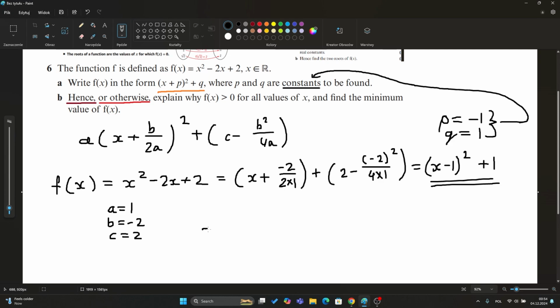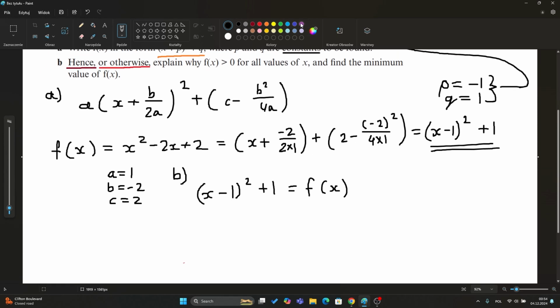Now, we had to complete the square to be in the easier form to explain. Because if we got x minus 1, so that's part A, squared plus 1, which is f of x. This part will always be positive, so it will be greater than or equal to 0 because it's squared.